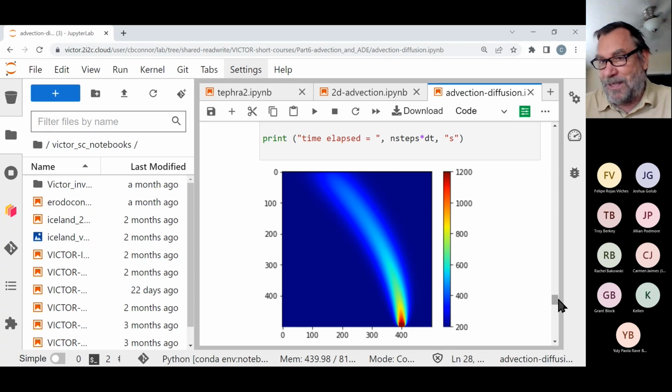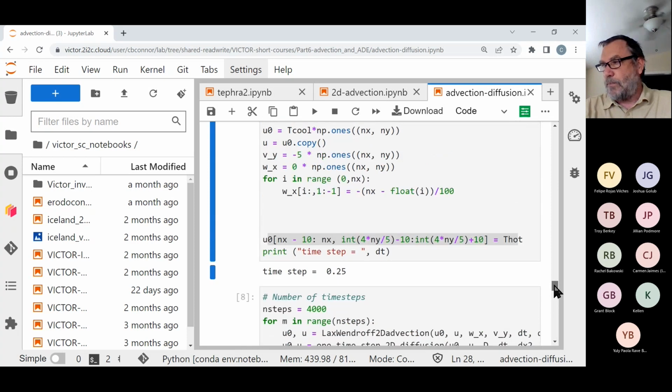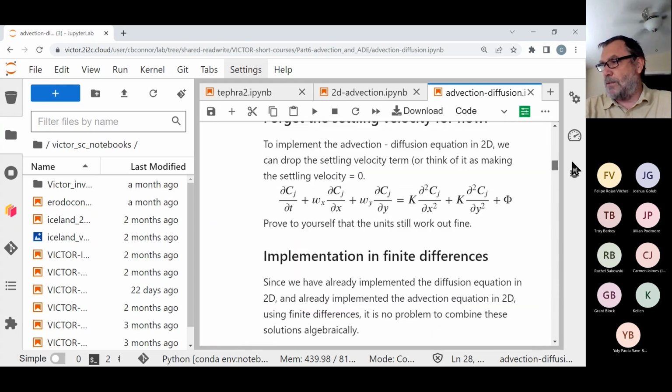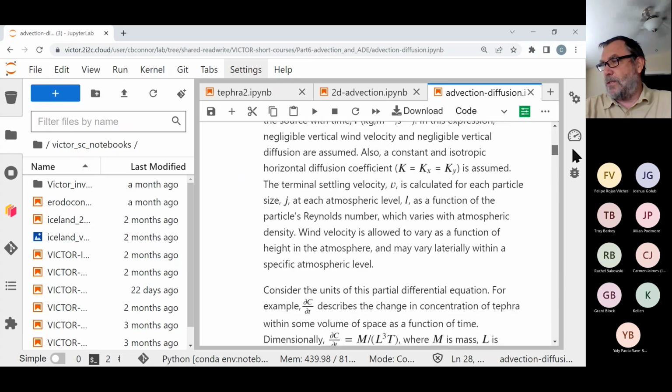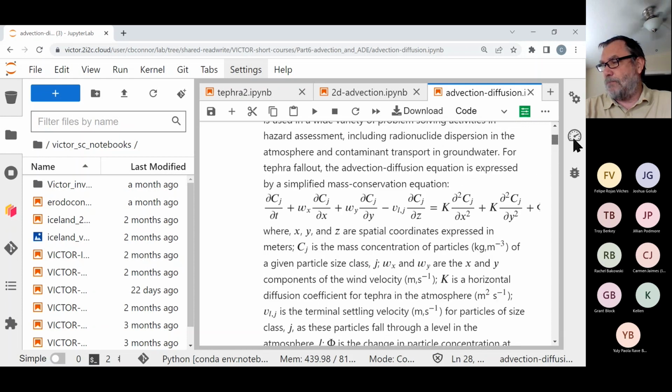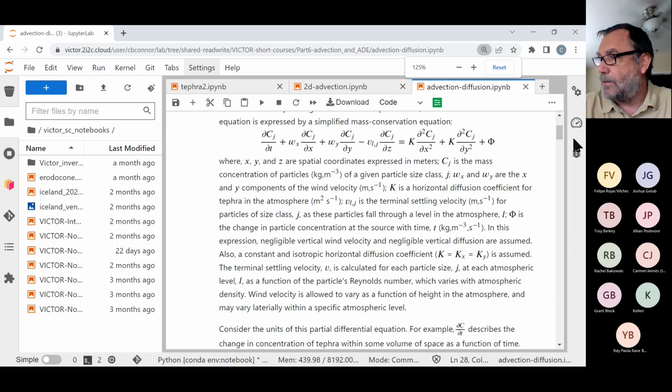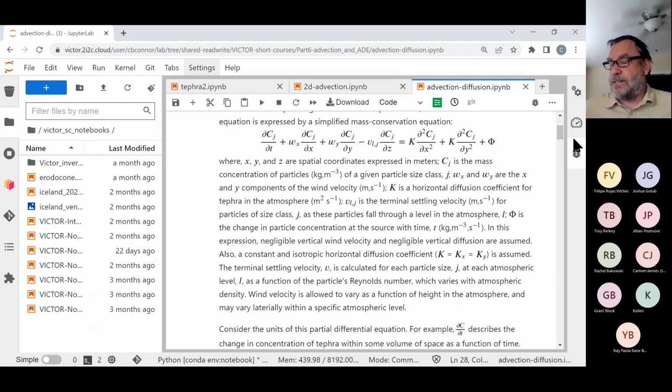So what I'm hoping you take away from this is that the advection diffusion equation, I sort of lost my scale here. There we go. The advection diffusion equation is sort of complicated looking, but first of all, I can break it up into parts, totally legit.